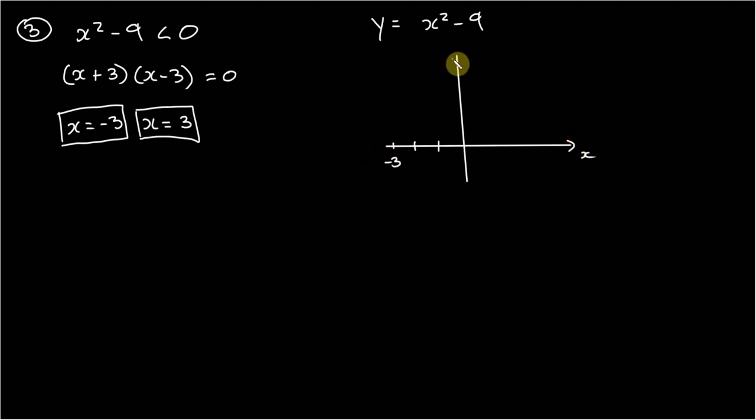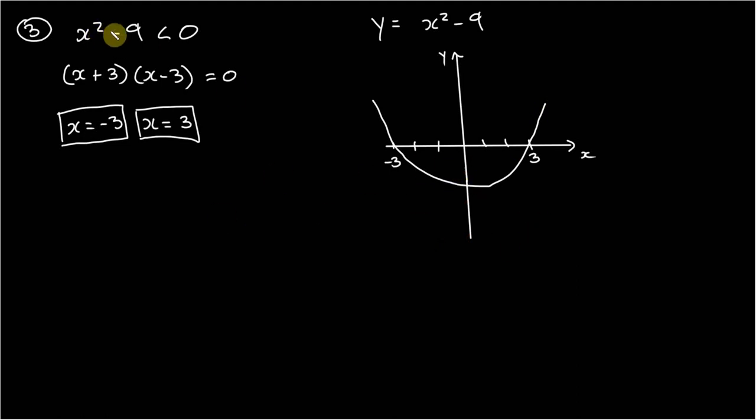We should label them. Okay, and then we've got 1, 2, 3. And we know we have our roots here, it's upward facing, so our graph is going to look something like this. I'll do my best to sketch it, something like that. I'll just expand, okay?